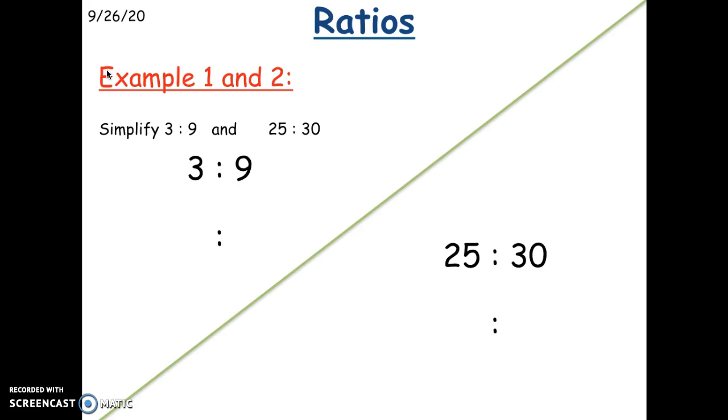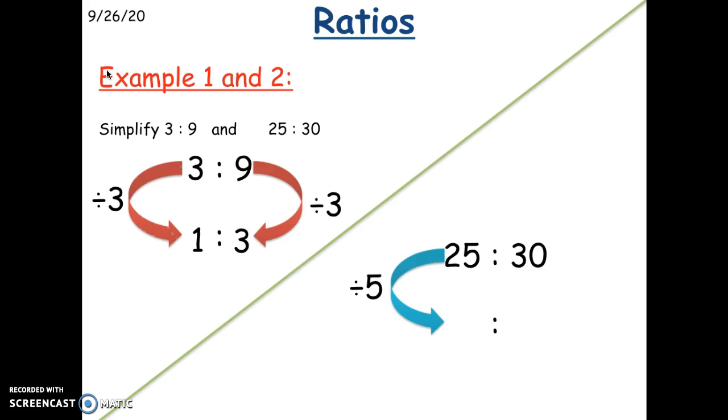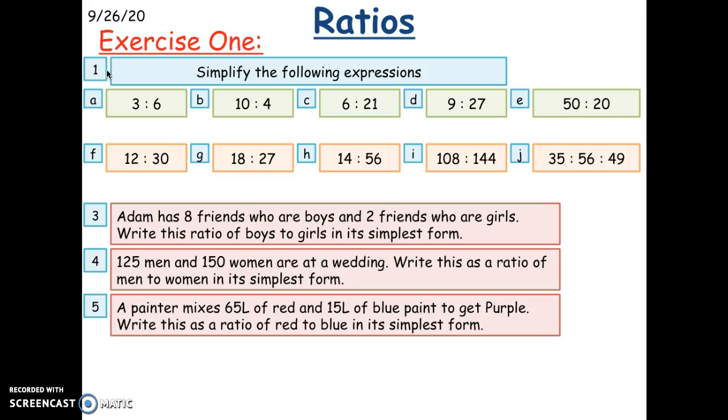Alright? There are 2 more examples here. Kindly pause the video at this time and complete both. We want to simplify 3 to 9 and then 25 to 30. Let us look and calculate. Did you get these 2 answers? You should have. If you differ, let's discuss. Exercise 1.